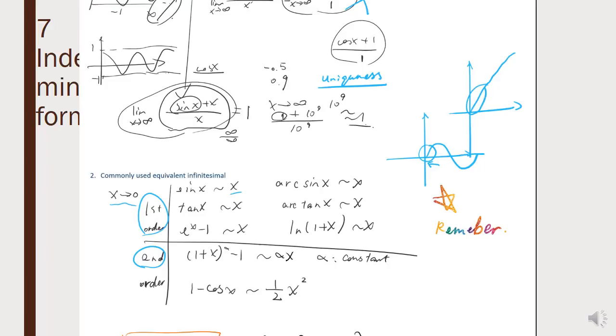Okay, let's look at this on the function graph here. Now we have this function f(x).